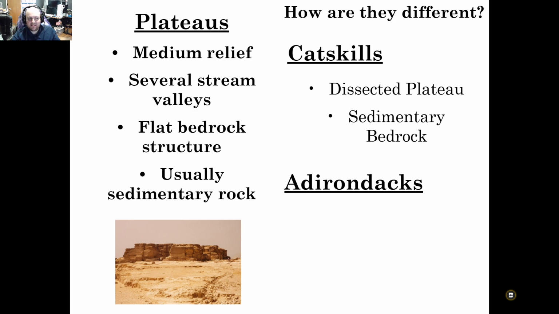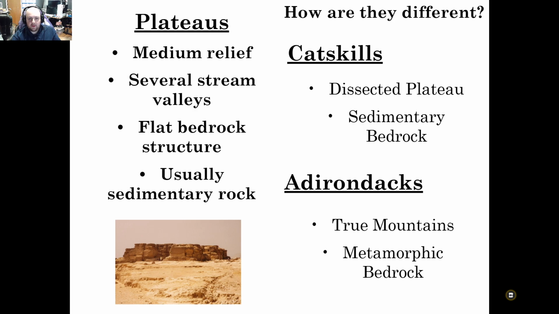They're a dissected plateau. Even though they have a pretty high elevation, we're classifying this by the bedrock, by what it's made out of. It's made out of sedimentary rocks. Therefore, we do not consider it to be a mountain. We consider it a plateau. The Adirondacks are true mountains. They have metamorphic bedrock. So that's going to be an important distinction there.